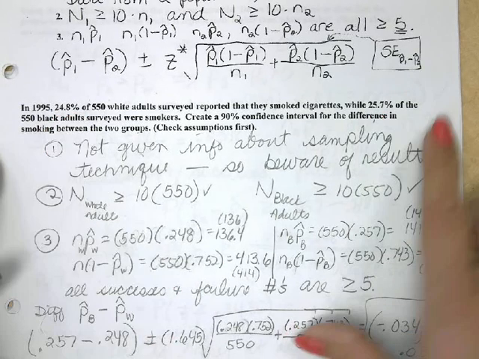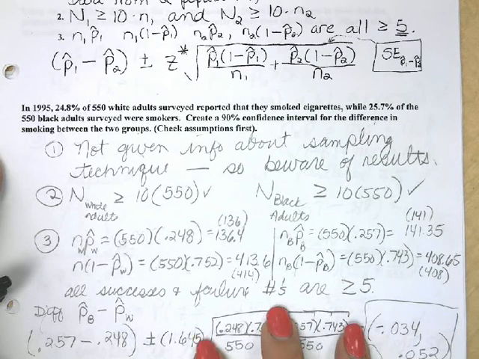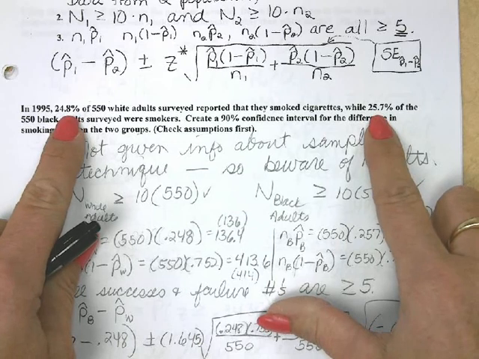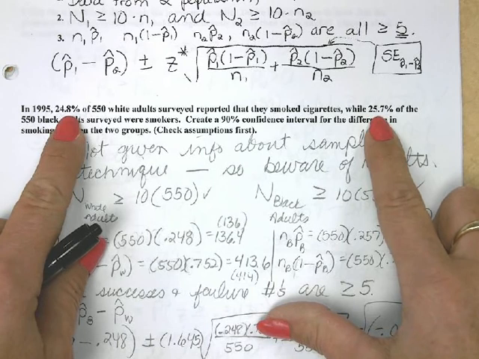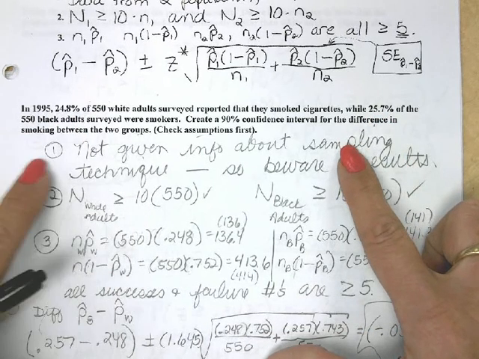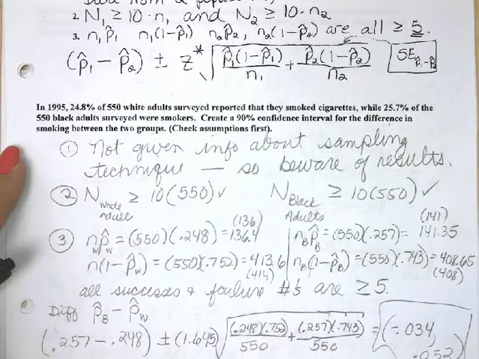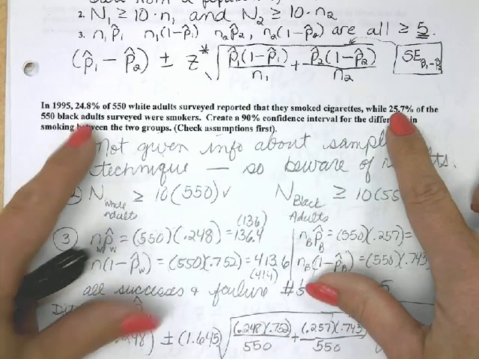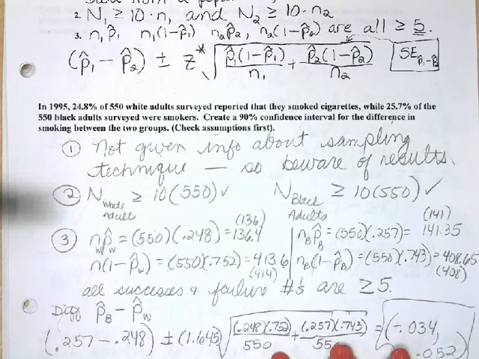We want to find a 90% confidence interval for the difference between those two groups, because obviously these samples are different numbers. But what is the confidence interval for that difference? The idea is that if we continue to take more and more samples, each of size 550 from each group, what kind of difference do we really expect to get in terms of an interval estimate as opposed to a point estimate of these two particular numbers? Now, we have three things we check.